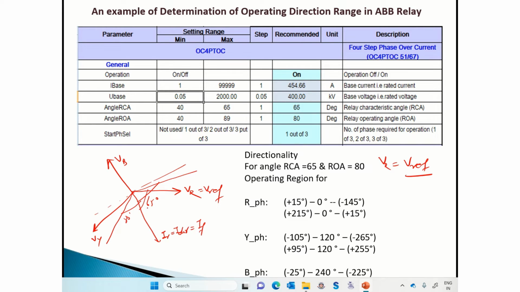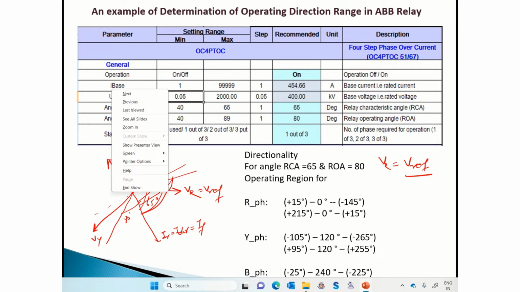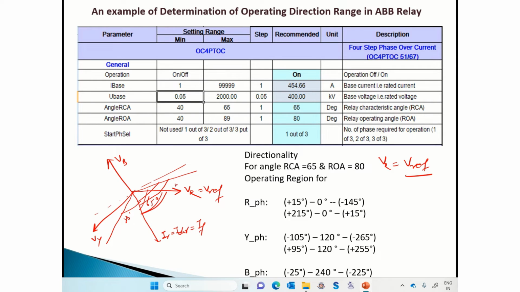The total angle, now if you see, from here to here is 65, and from here to here it is 80. That means from the R phase, this angle is 15 degrees. Similarly, on this side, this angle is 65 and this angle is 80. So the total angle from here to here is 145 degrees.